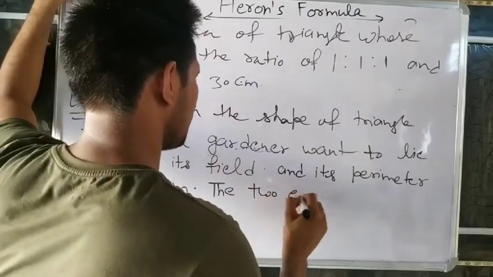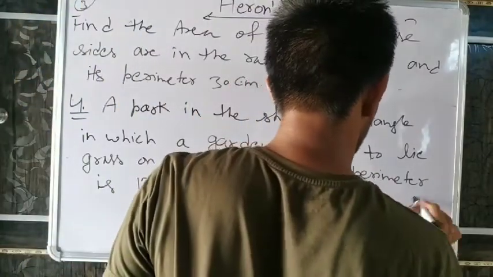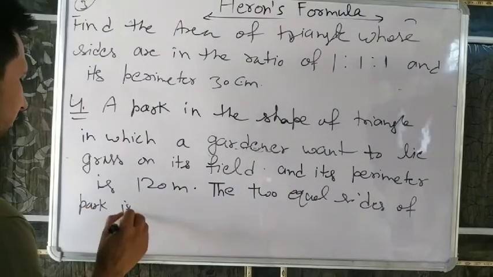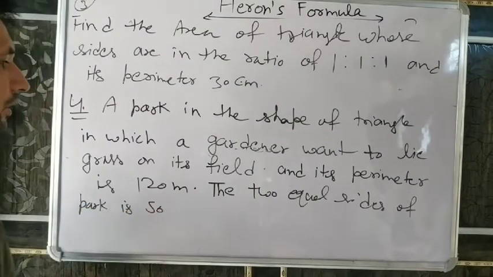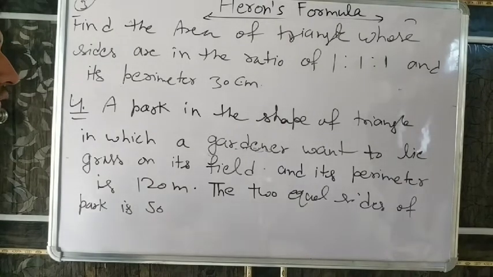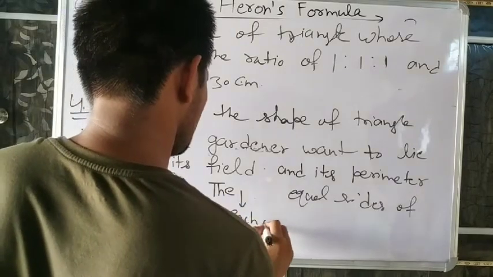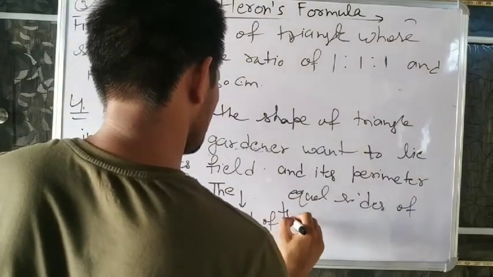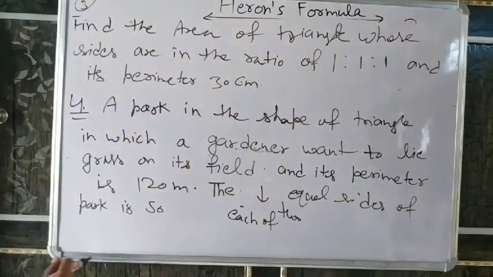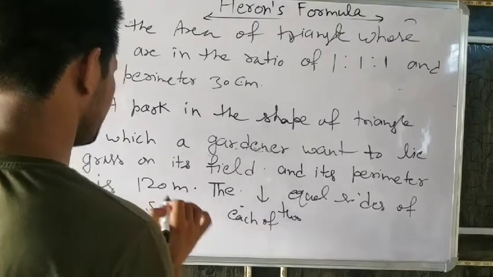Each of the two equal sides of the park is 50 meter.